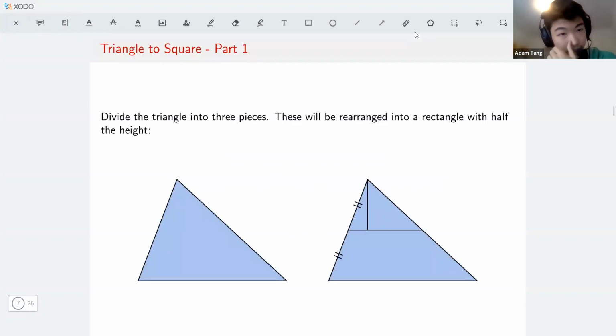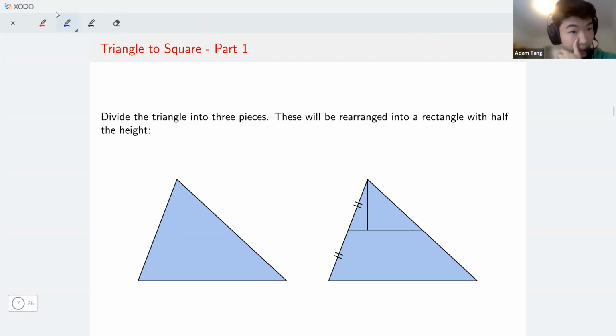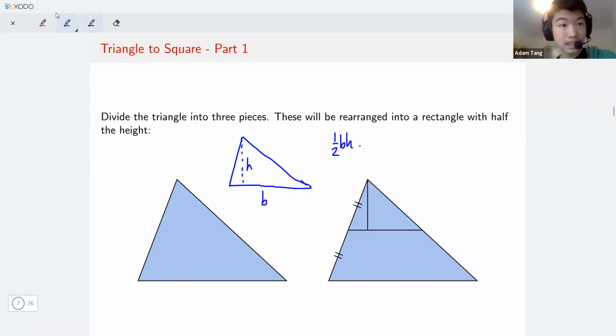There is a way to turn triangles into rectangles. Maybe you can see it at this point, but basically, you have a triangle. The area of this triangle is what? Let's call the base B and the height H. Then the area is half BH. Now there are different ways to interpret this.